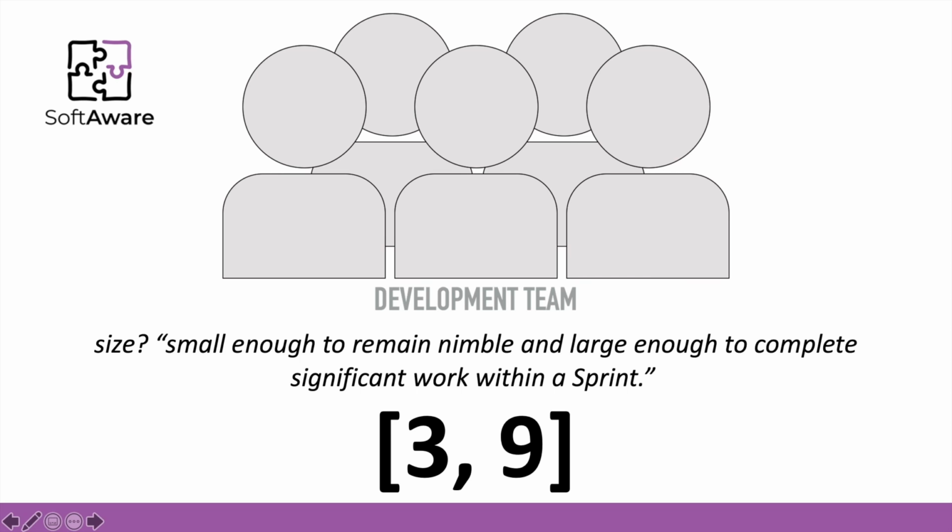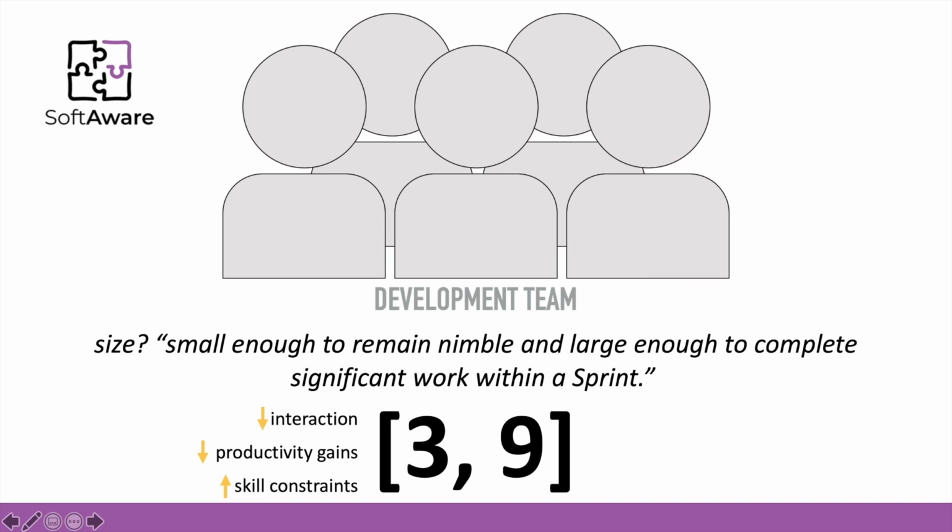So basically, if you have fewer than 3 members inside of a development team, the interaction between team members is significantly reduced. And the productivity gains are also reduced because you don't have enough people to complete the work.